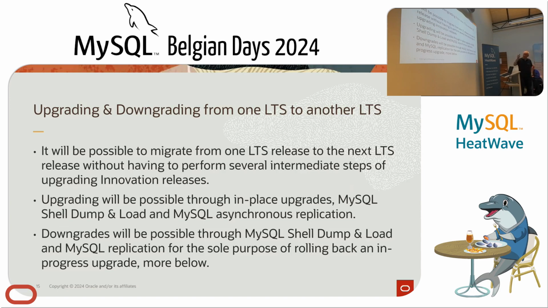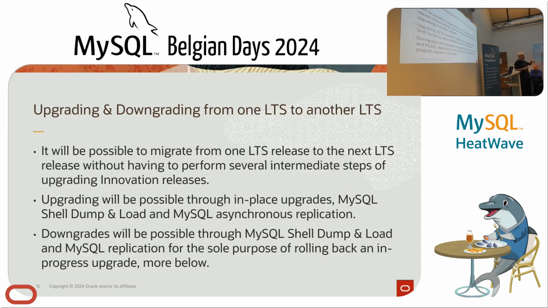But upgrading, the only restriction we have is that we will not support upgrading past an LTS. So you go through LTSs. Right, because there needs to be one place where we can cut the circle. Otherwise it becomes a never-ending story, impossible to deal with. But you can go from an LTS to the next LTS. You can go from any of the innovation releases to the next LTS.